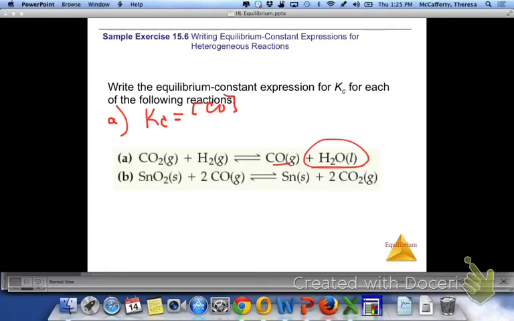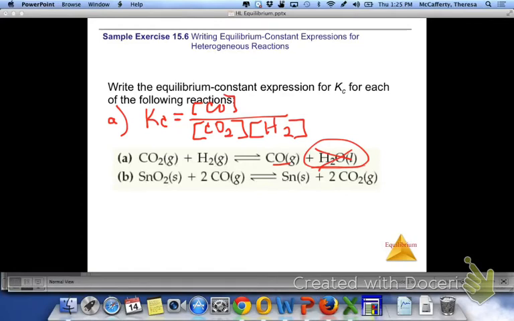So if it's a liquid or a solid, it does not go into the equilibrium expression because its concentration won't change. So I'm not going to enter that. And then I'm going to have the concentration of CO2 and the concentration of hydrogen. So that would be my equilibrium constant for that first equation.